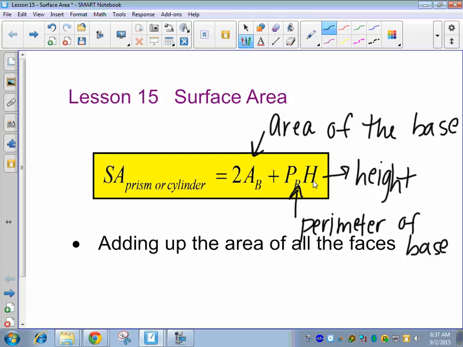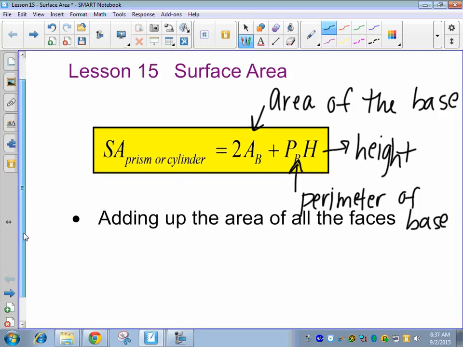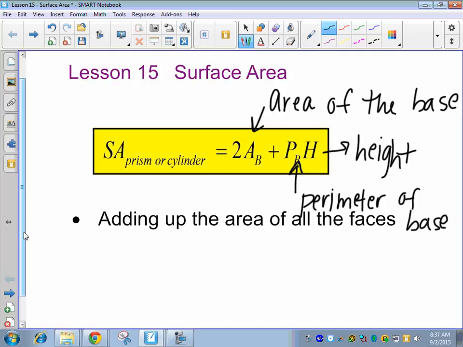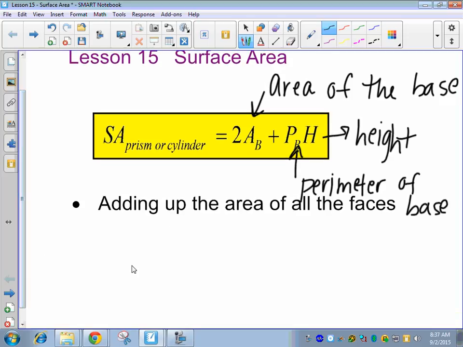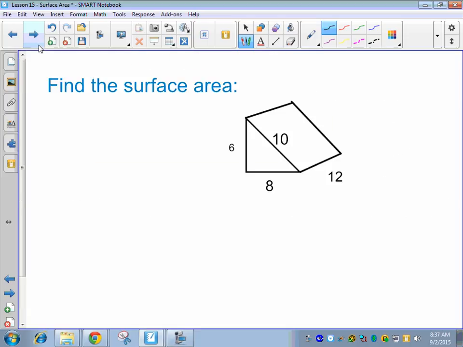Dylan, did you encounter a problem like that you were asking about yesterday, about lateral surface area? I think you asked. So lateral surface area, just picture if I have a can of soup and I want to just take the label, it doesn't include the top or the bottom. So like Ella said, surface area is adding up the area of all the faces.